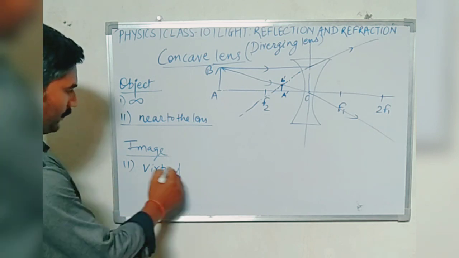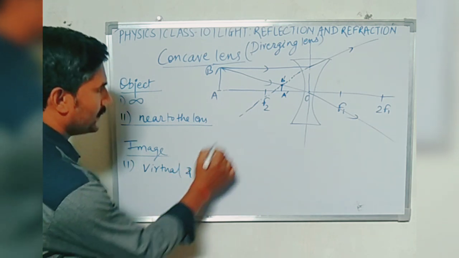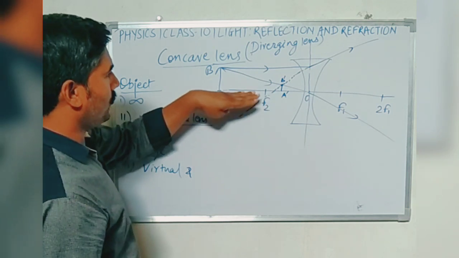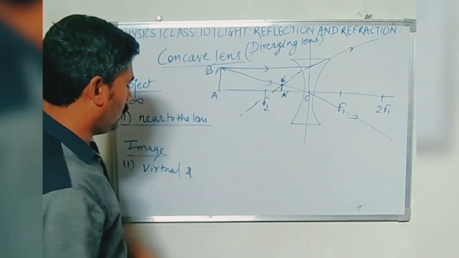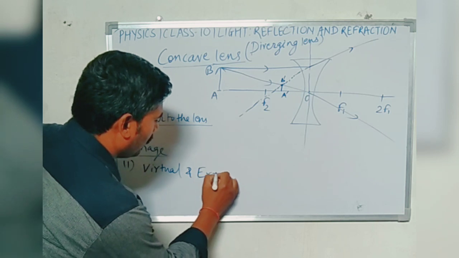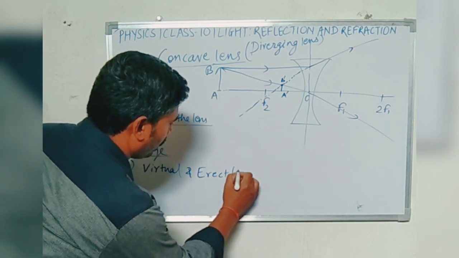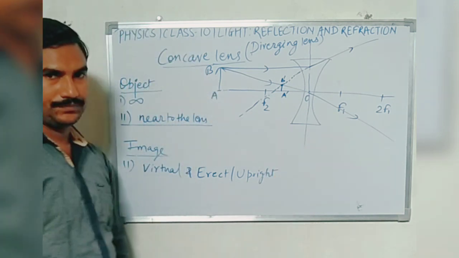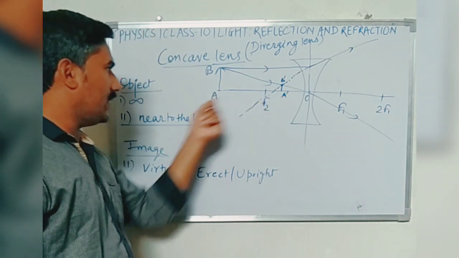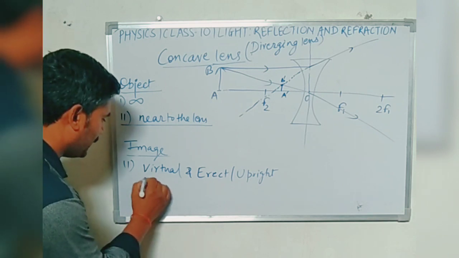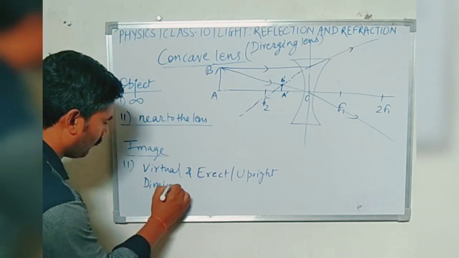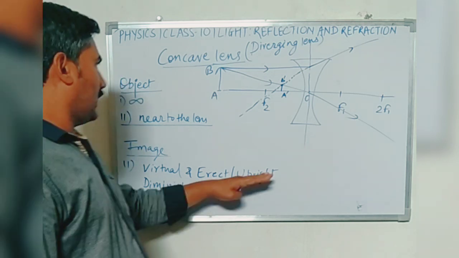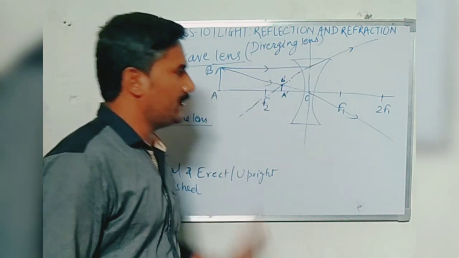And since it is above the axis, at the same vertical position as that of the object, it is erect or upright. Now the size of the image is what? It is diminished.